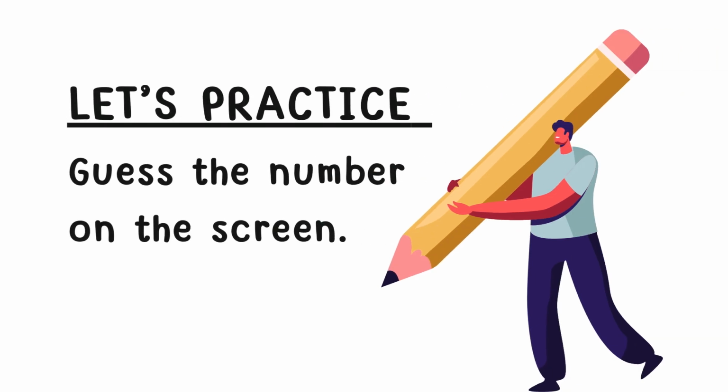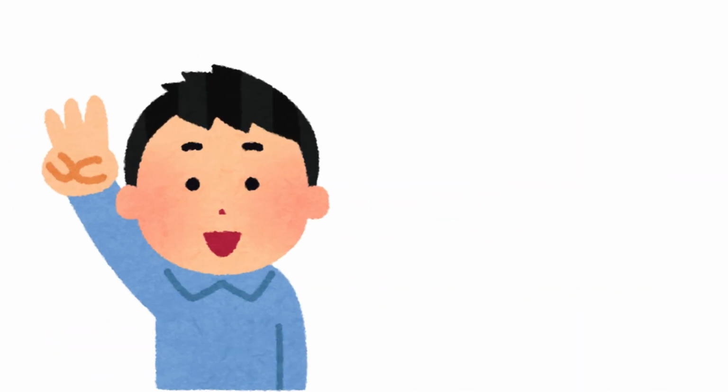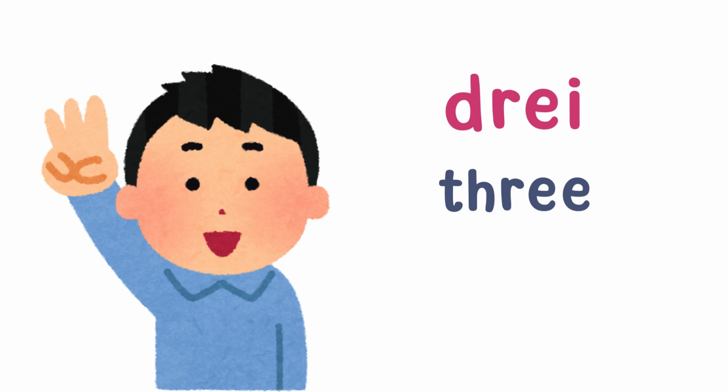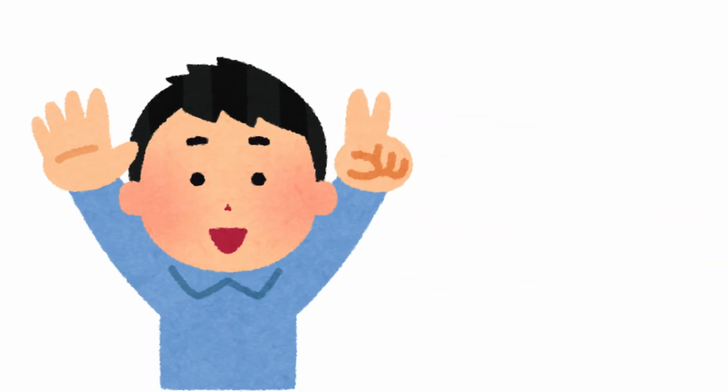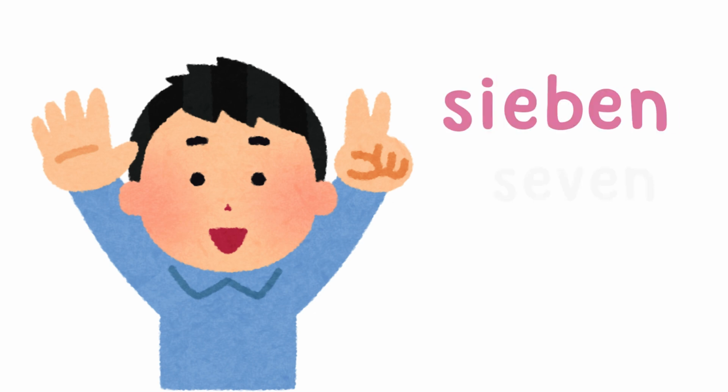Let's practice. Guess the number. All you have to do is to speak the number displayed on the screen out loud. Here is the first one. Richtig. 3. The next one is richtig. 7.